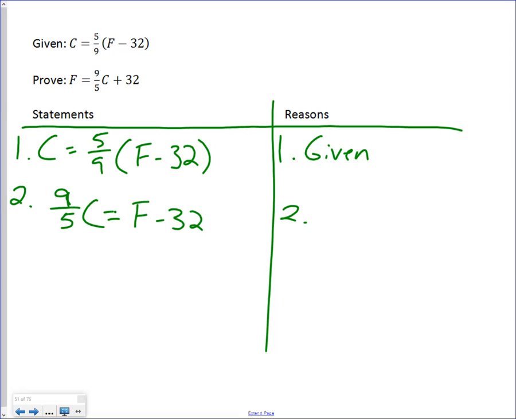So again, you could technically call it division, right? That you divided out the 5/9 and then you divided the C by 5/9. I would think you'd need one more step to do that well on the left-hand side. So I would call this multiplication, that you multiplied both sides by 9/5, I think is cleaner.